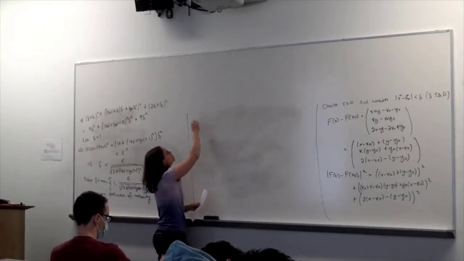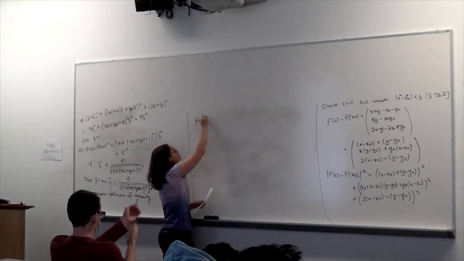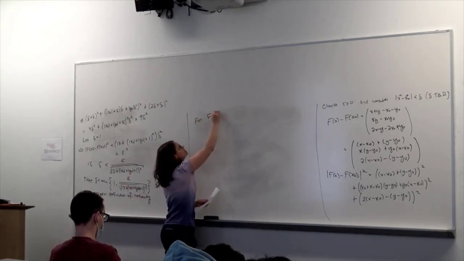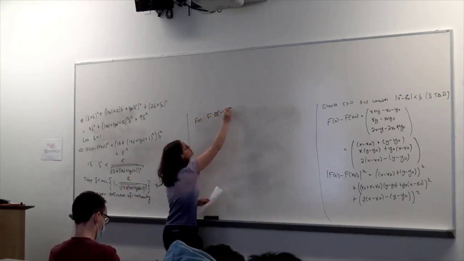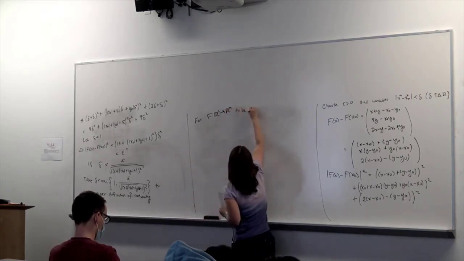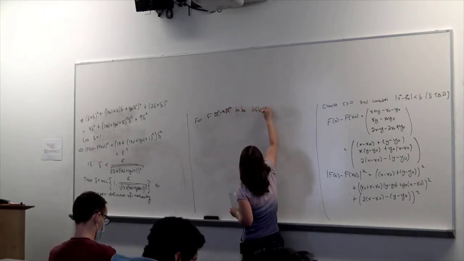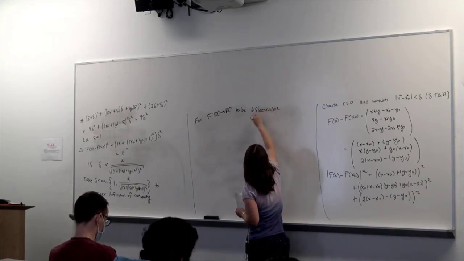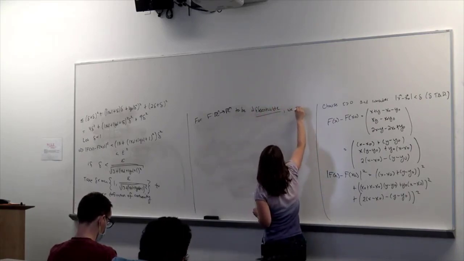Okay, so for our function f from Rn to Rm to be differentiable, we want all components to be differentiable.